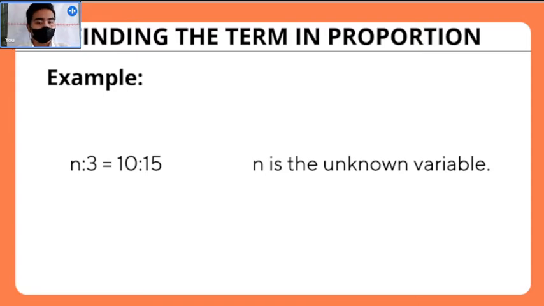This is a proportion, but there is a missing term, which is n, the unknown variable. That is the one that we are going to find, because that is the missing piece. Now, how are we going to find that unknown variable or unknown term? Okay, so here's how.